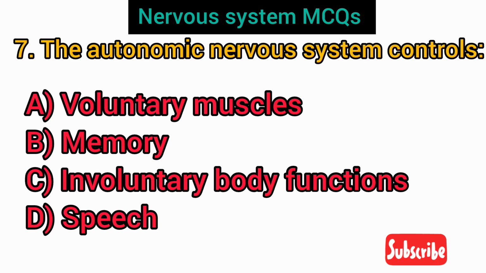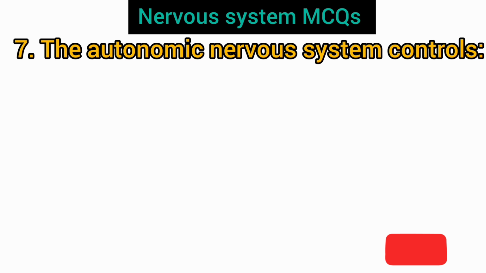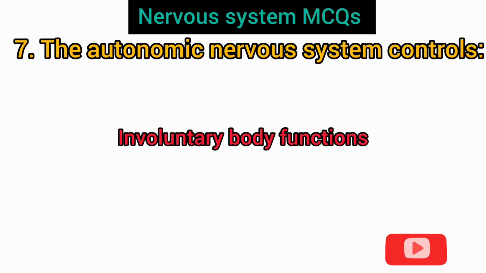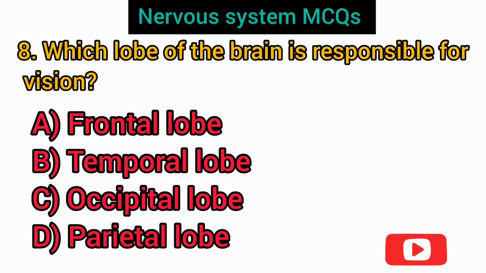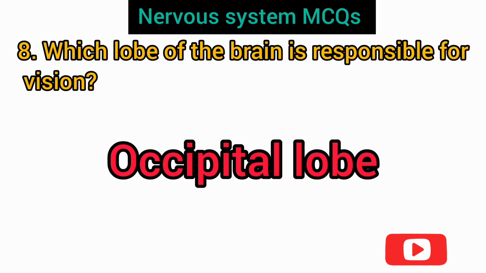The autonomic nervous system controls involuntary body functions. Which lobe of the brain is responsible for vision? Occipital lobe.